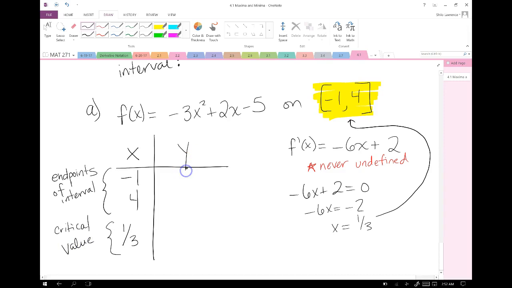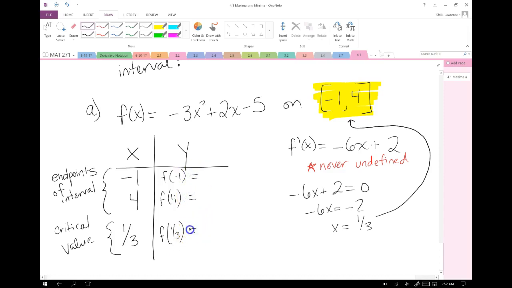And to figure out who is the maximum and who is the minimum, we need to see which one is the highest and which one's the lowest. And the y value will tell us that. So we need to figure out what f of negative 1 is, what f of 4 is, and what f of 1/3 is.